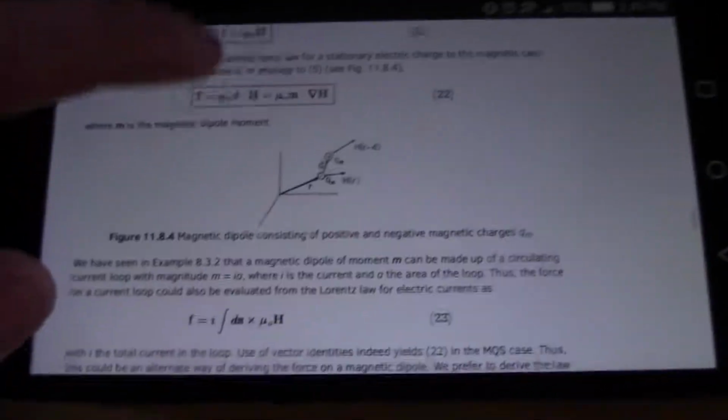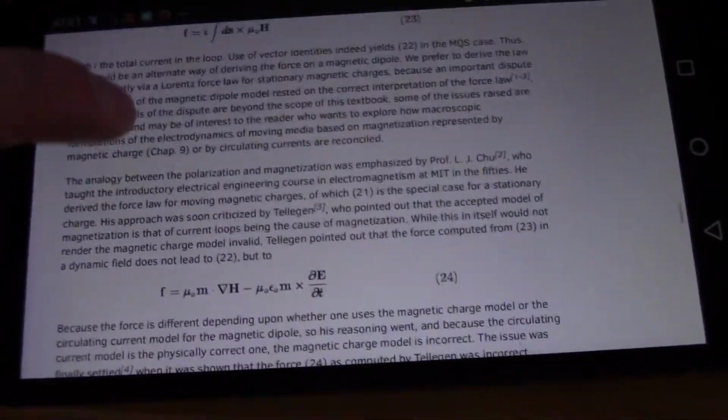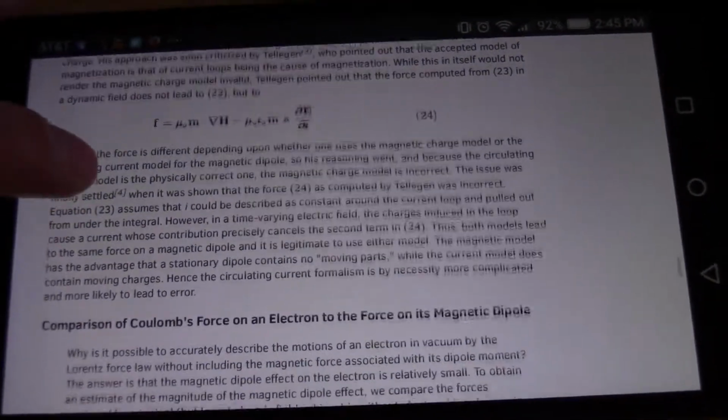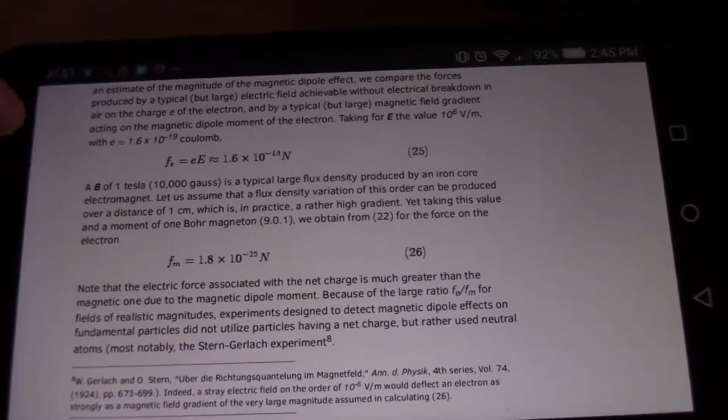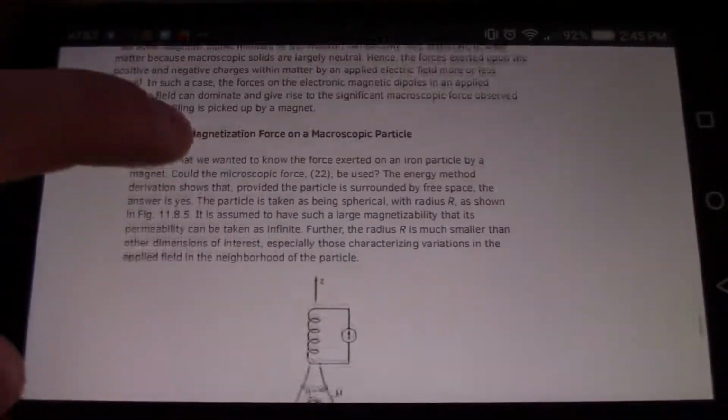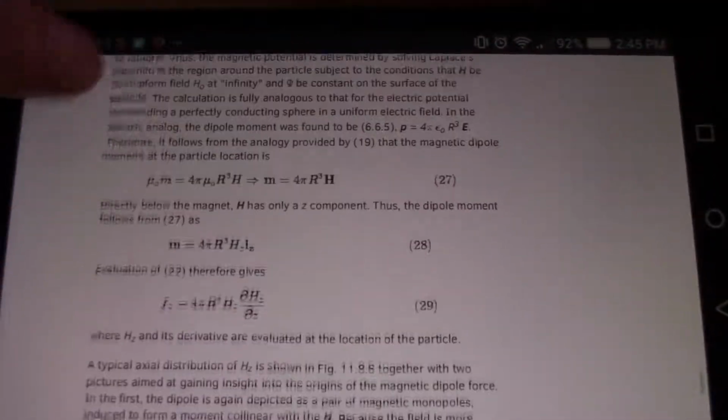Basically, there's an issue regarding what is the force on a magnet, and there's actually disagreement on how to represent it. Now I'm kneeling, so it's a little bit easier. It just gives you an idea of the contentious nature of this. But I believe Mr. Haus is the authoritative one on this matter.